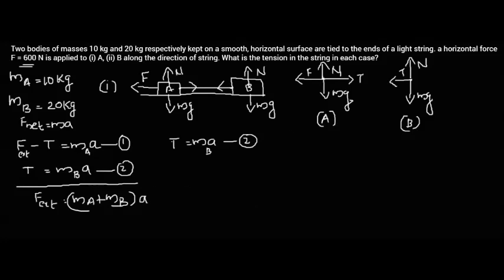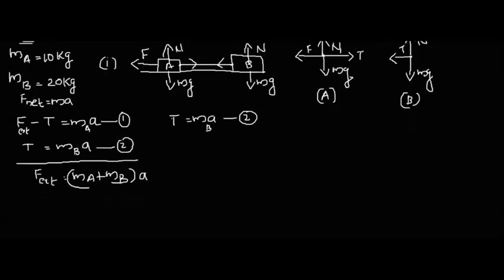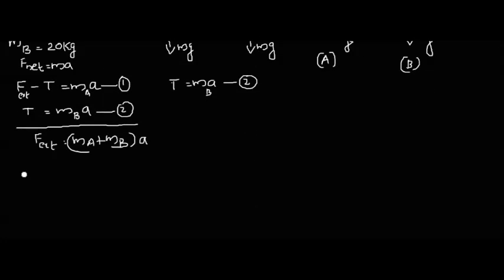So from this, acceleration A is equal to the external force applied on block A divided by MA plus MB, which is equal to the external force given as 600 Newton in the question, divided by the mass of block A, which is 10, plus the mass of block B, which is 20.